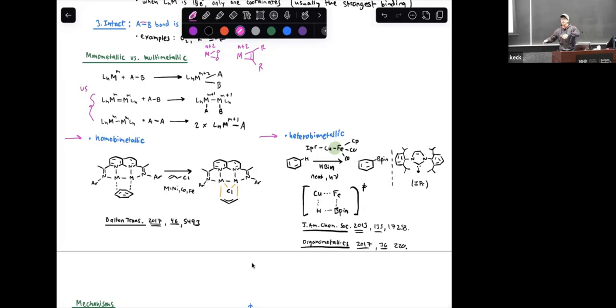So for example, we just mentioned that there's this requirement for having an open coordination site after substrate binding if you want to undergo concerted oxidative addition. But if you have a bimetallic pathway, that open coordination site can be on the adjacent metal. So you can coordinate at one metal and then the other one can accept the carbogenic substituent from the AB, for example. So it can allow you to oxidatively add into functional groups that you might not easily be able to oxidatively add into.